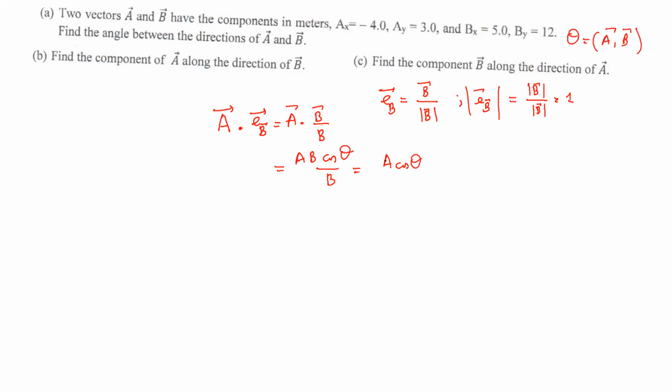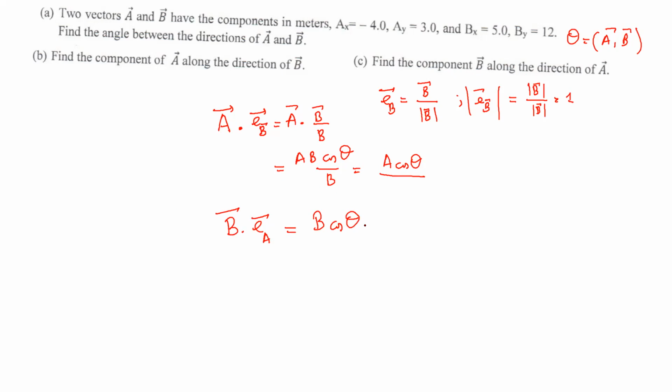So we said this in class. If you remember in the slide, I told you that the component of A along the direction of B is A cosine theta. And the same thing, the component of B along the direction of A is equal to B cosine theta. And I gave this in class.